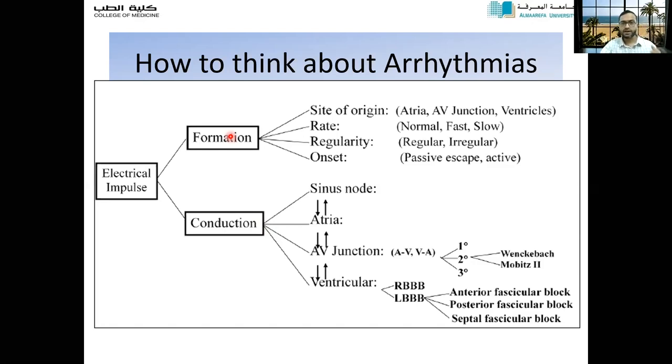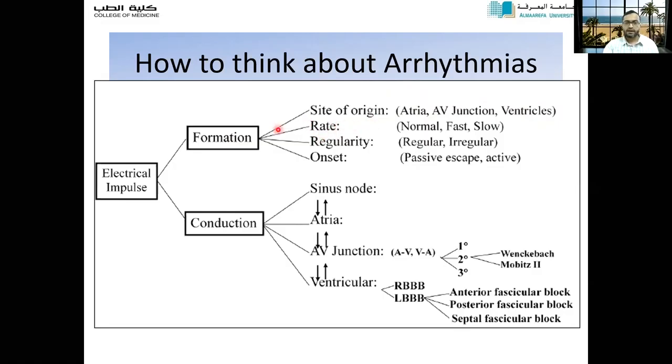There are three possibilities. Either it originates somewhere in the atrium, but not in the SA node, or it originates at the AV junction, AV node and bundle of His, or it originates in the ventricle. So on the basis of that, you can classify the arrhythmia into atrial, junctional, or ventricular arrhythmias or tachycardias.